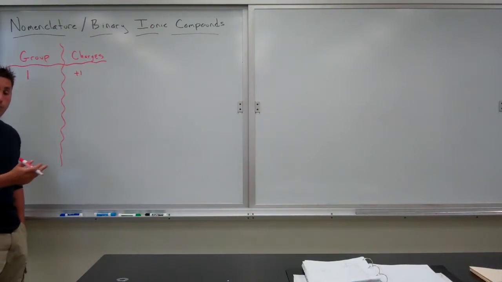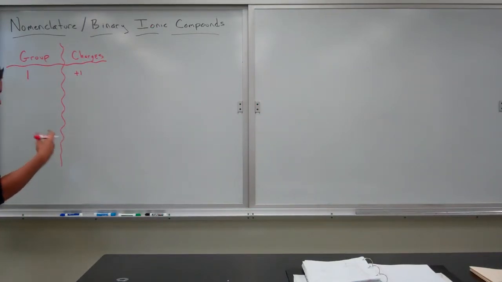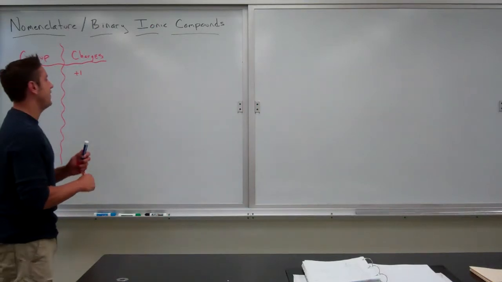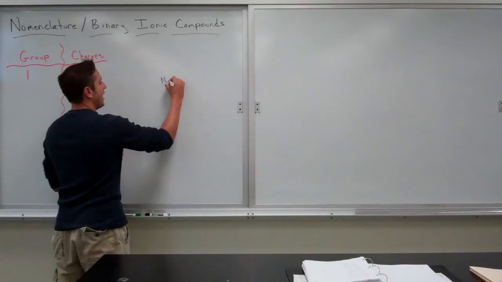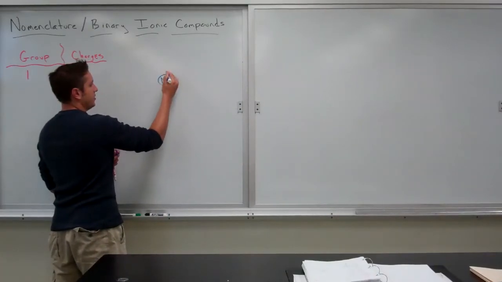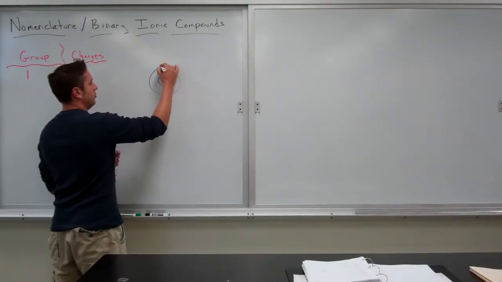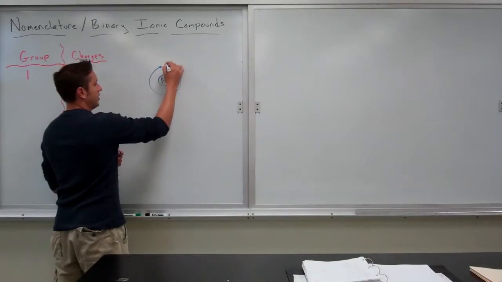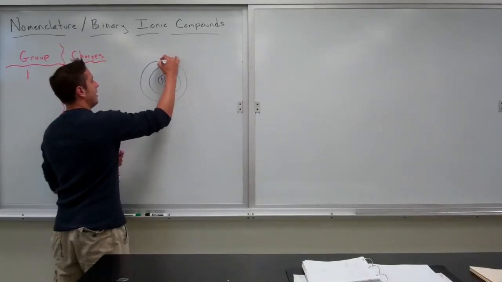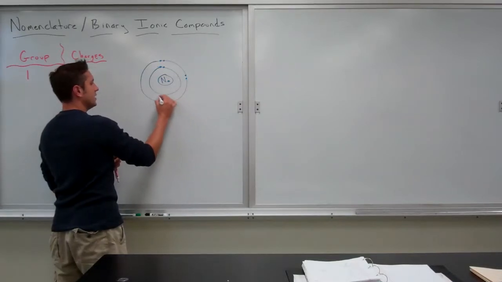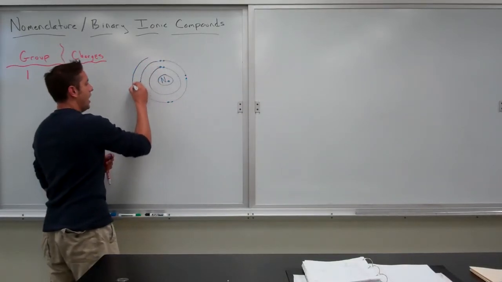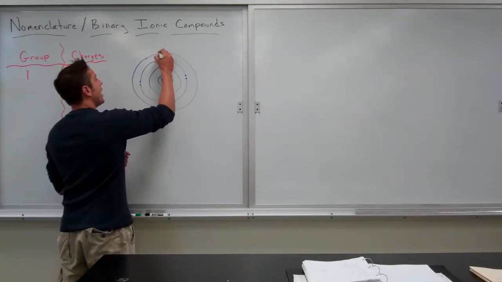Now, the reason for that has to do with its electrons. For instance, if I took something from group 1 like sodium, an atom of Na, there's its nucleus, the first energy level has 2 electrons in it, 1s2, second level, 2s2, 2p6 would get us to 10 electrons, and then the third level is 3s1.